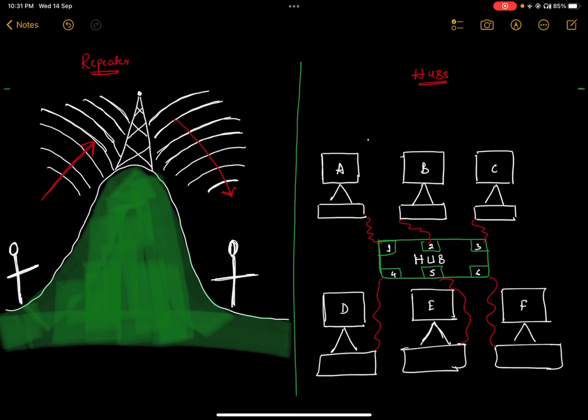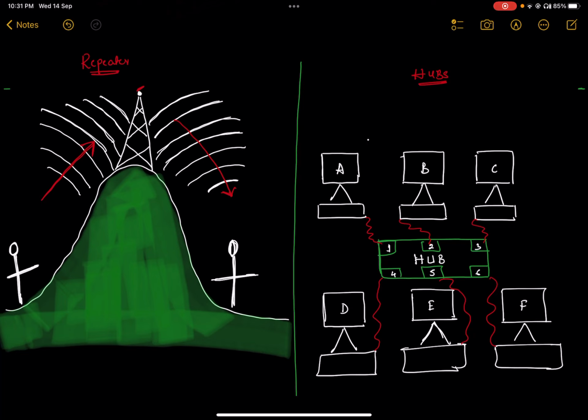Let's assume this is our repeater here, and it's a kind of base station. If you are familiar with cellular networks, we have a base station and mobile station. When I say cellular networks, it's our mobile phones and how they connect with the towers that we have. Those are called base stations, and our mobile phones are called mobile stations, and they work upon a cellular structure.